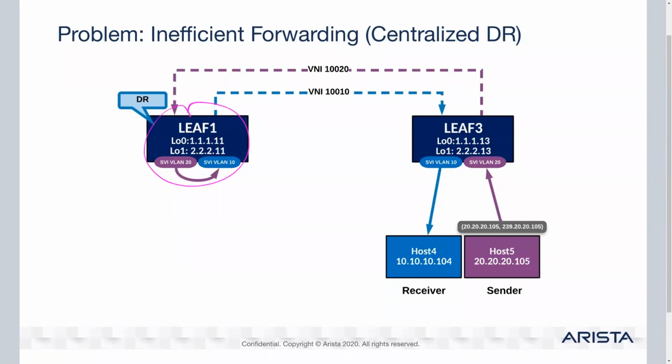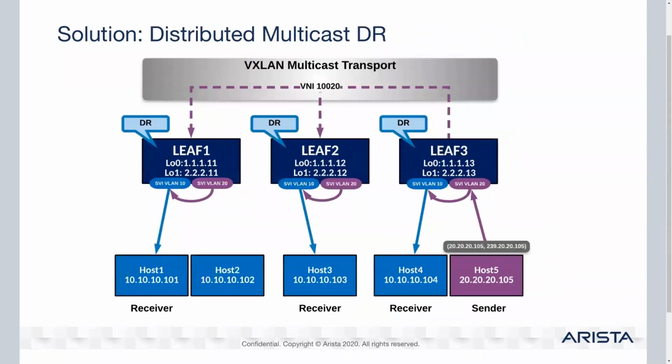Now, the solution to this is similar to our IGMP querier example as well, where we're going to essentially make use of a distributed multicast DR, where each VTEP acts as the DR for its locally attached bridge domains. So for example, in this case, host 5 is sending out a feed.